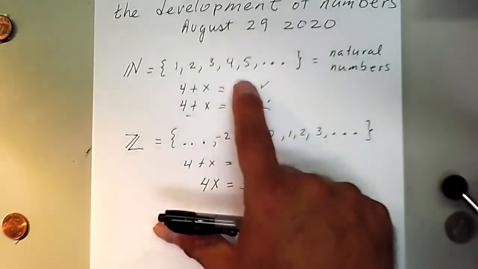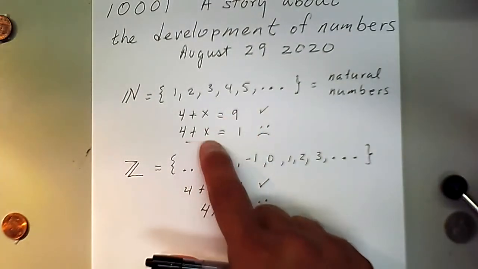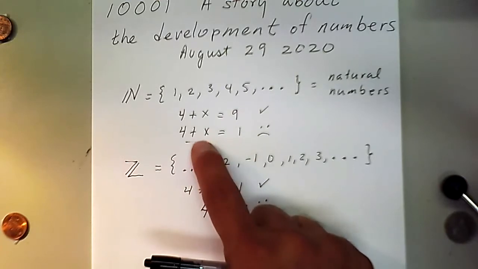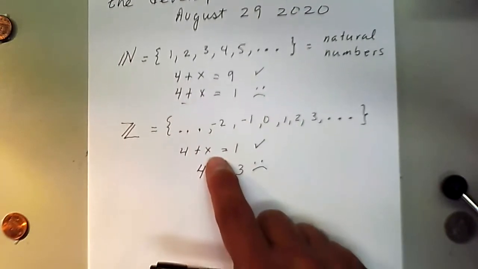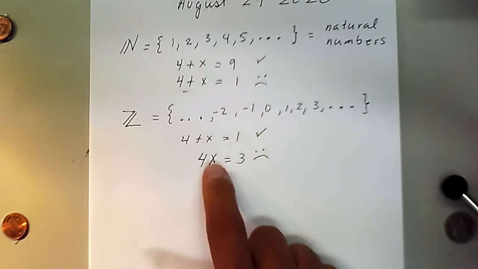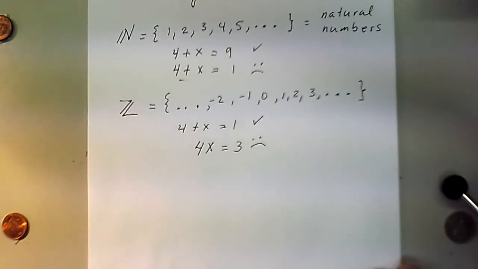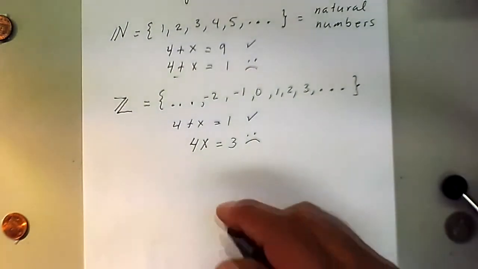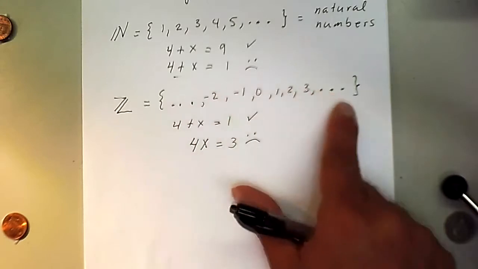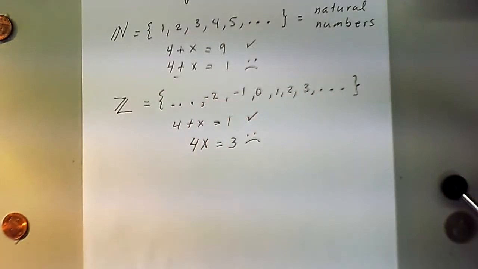Just like up here, this set was good for counting, but then eventually we were not able to solve this kind of equation. Now that we are able to solve this equation, there's a new equation that we cannot solve anymore. Isn't that interesting? So people thought about how to solve this problem of solving this equation. I mean, think about this from a developmental point of view.